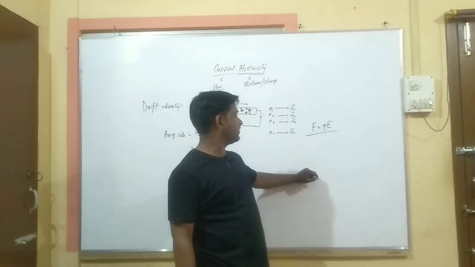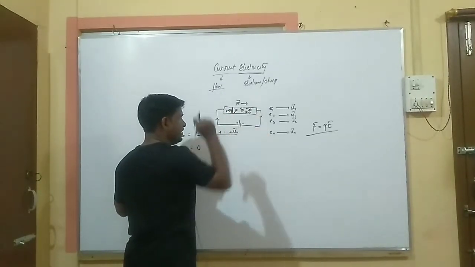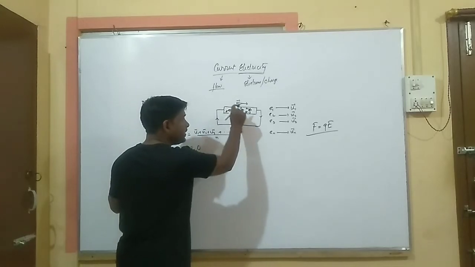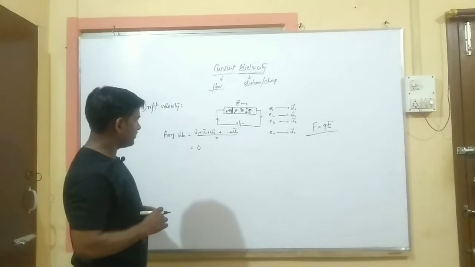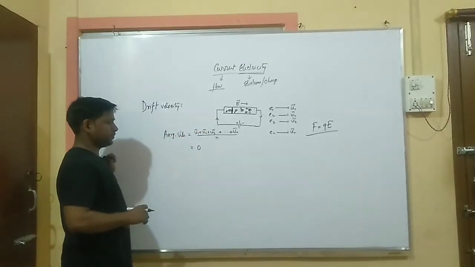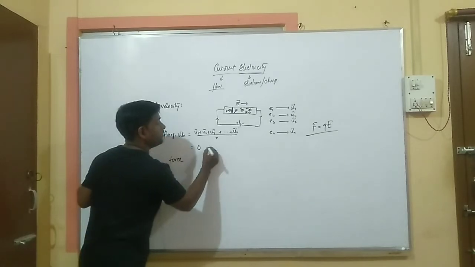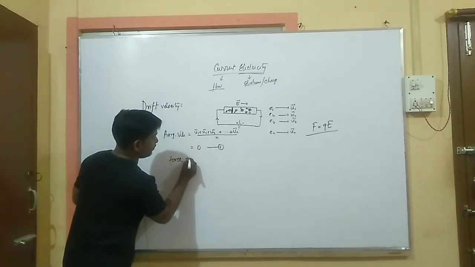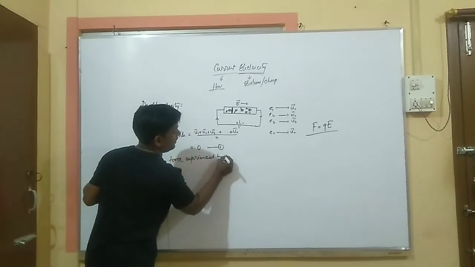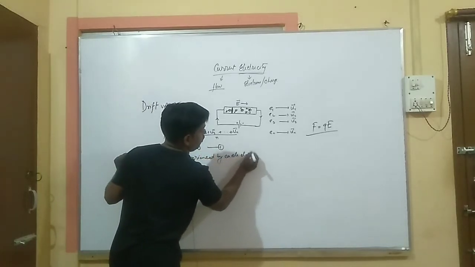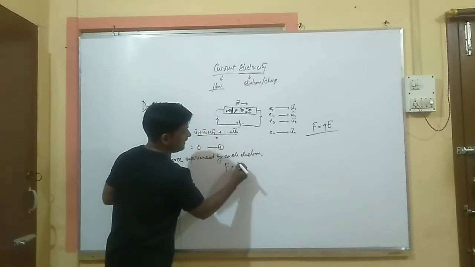So similarly, when we apply an electric field E, the electrons in this conductor will also experience the same kind of force. Now what will be the magnitude of force? So we can write the force experienced, let it be equation 1, force experienced by each electron, F equals to QE.